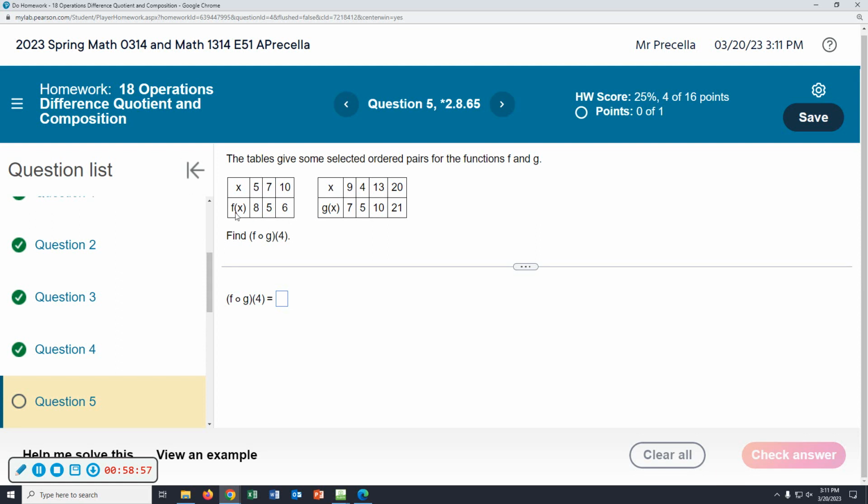But the function f, 5 is assigned to 8, 7 is assigned to 5, and 10 is assigned to 2. Do y'all see what those tables are doing? They're just listing ordered pairs. Table g: when x is 9, the y value is 7. When x is 4, the y value is 5, and so forth.